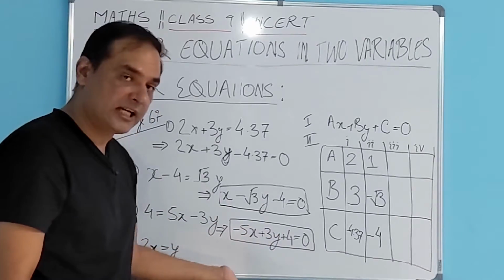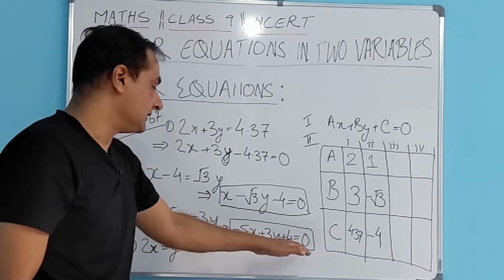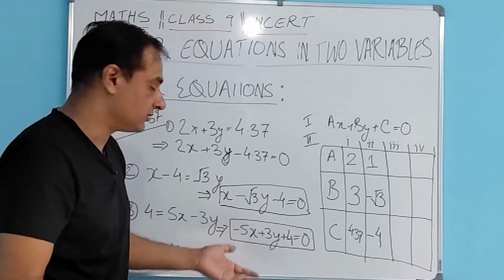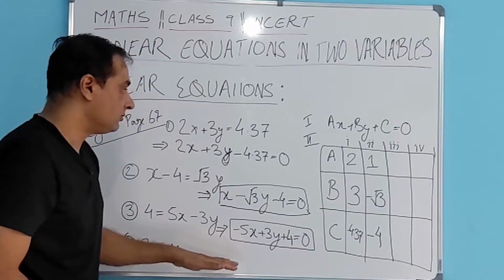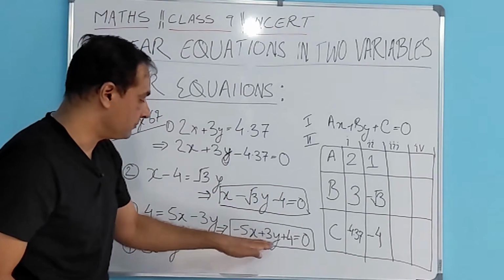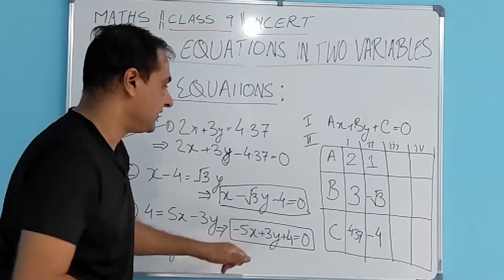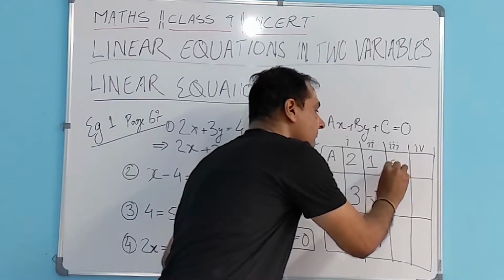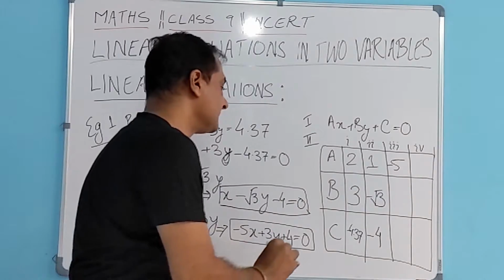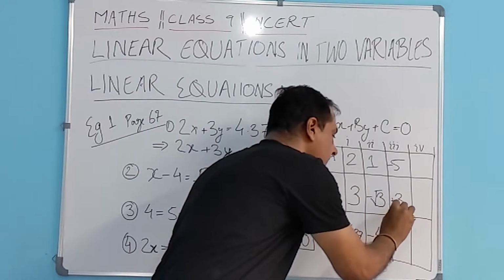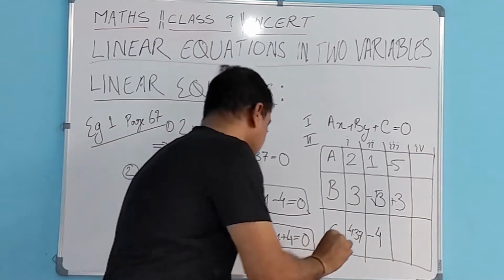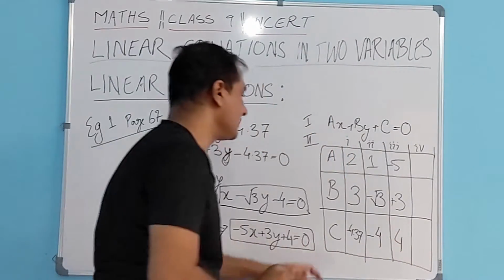So we can do that because ultimately the answer is 0, but this one is also correct. So in this case now, value of a is minus 5, value of b is plus 3, we can write 3 as well, value of c is 4 for question 3.